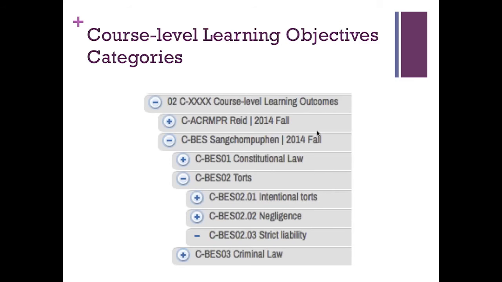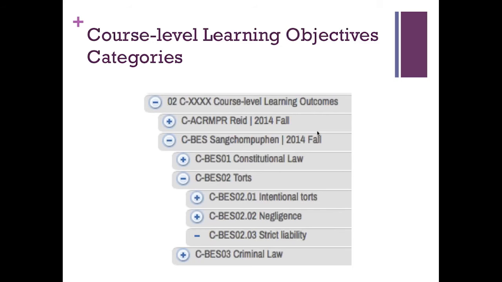And so you can see I have an area for torts, and under torts, what I want students to know are intentional torts. You don't see the children under intentional torts, but if you were to click on that plus sign, it would expand and identify the 7 different intentional torts.